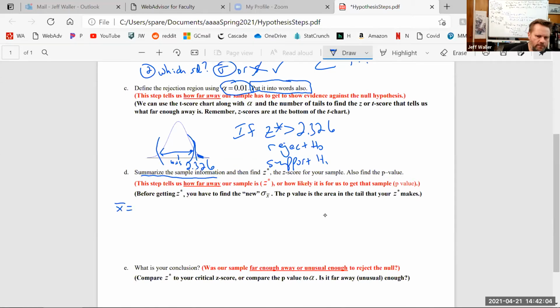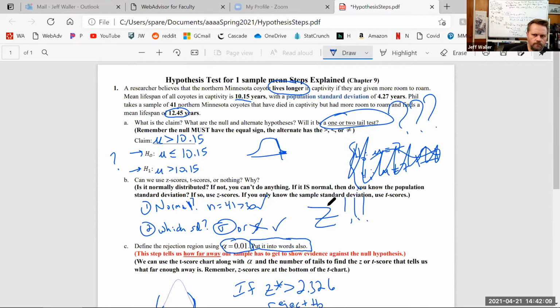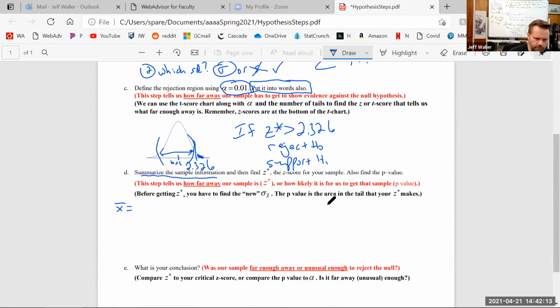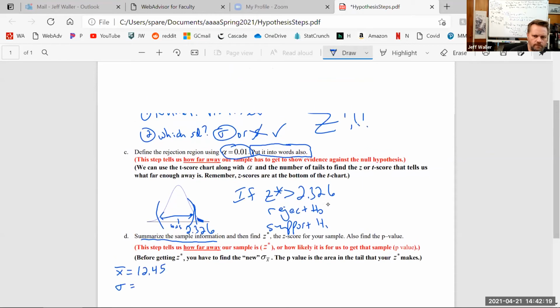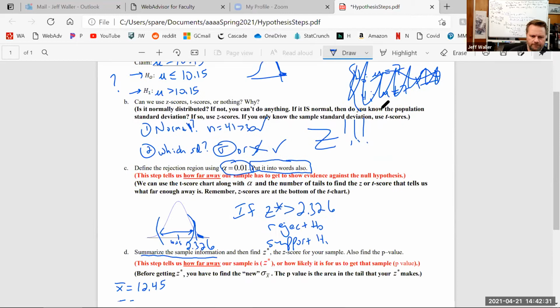What's X bar? 12.45. Good, it's the sample mean. And sigma? 4.27. Okay.